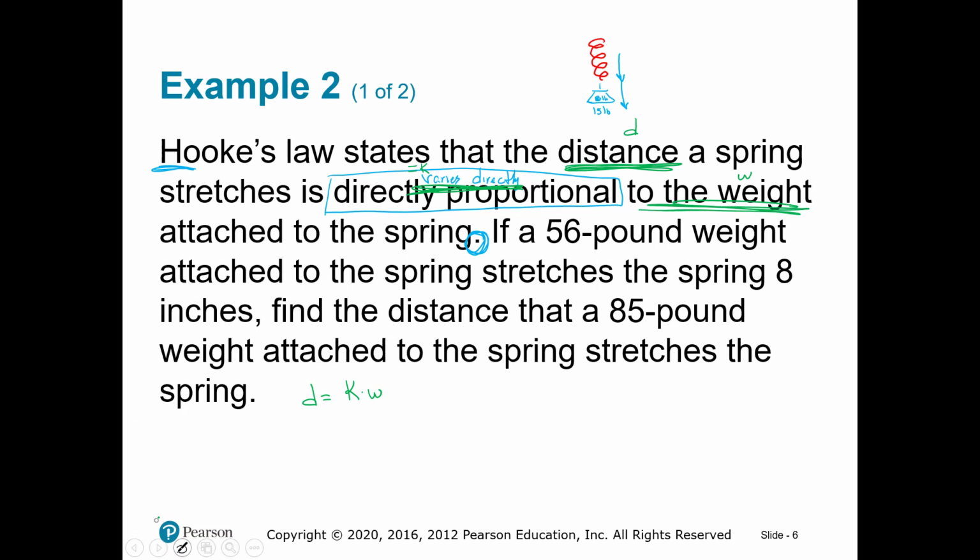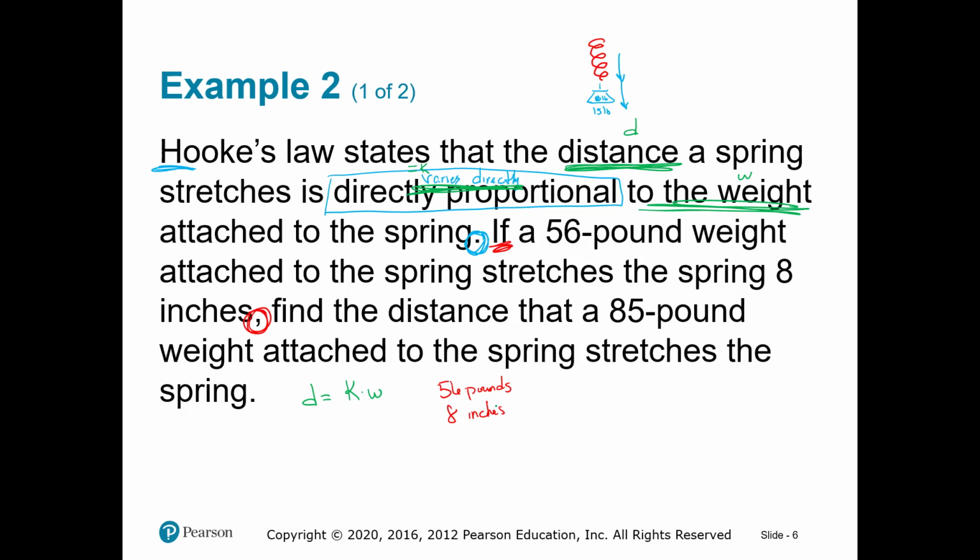Now, that was the first line, right? Let's pick it up from this if all the way to the next punctuation mark, which is this comma. Okay, so they say if a 56-pound weight attached to the spring stretches the spring 8 inches. Okay, so we have 56 pounds and we have 8 inches.